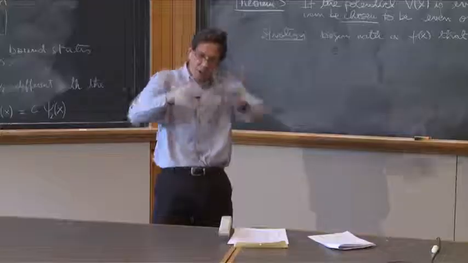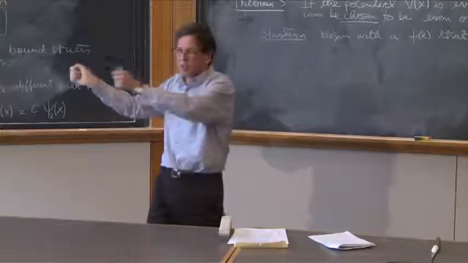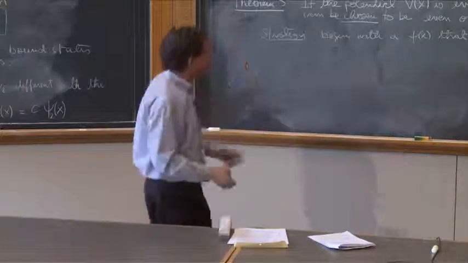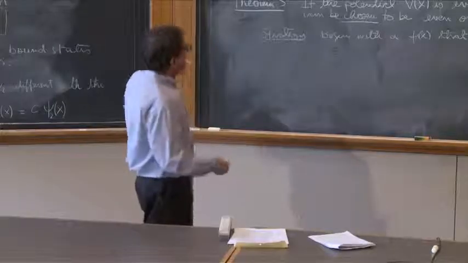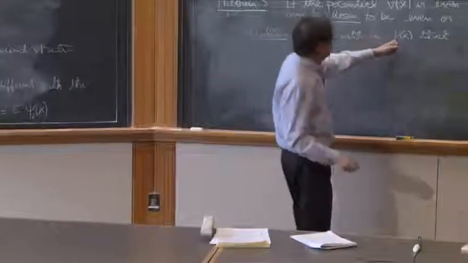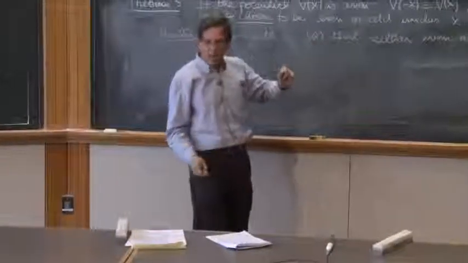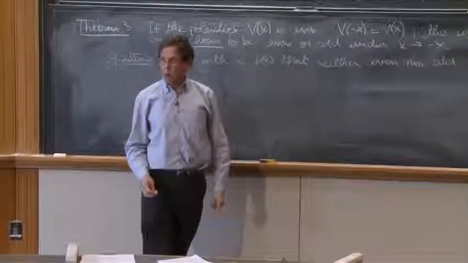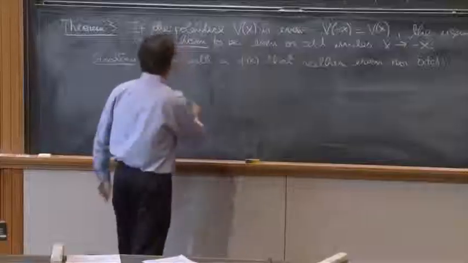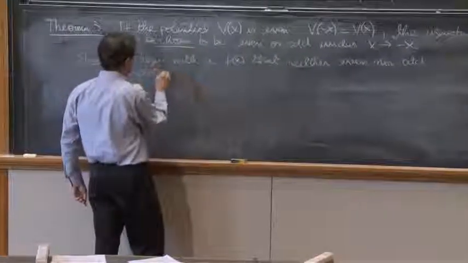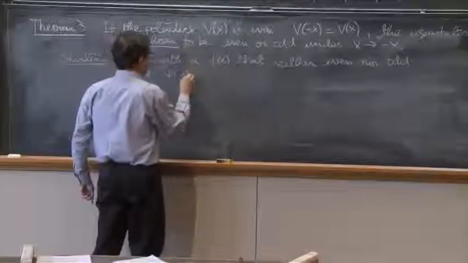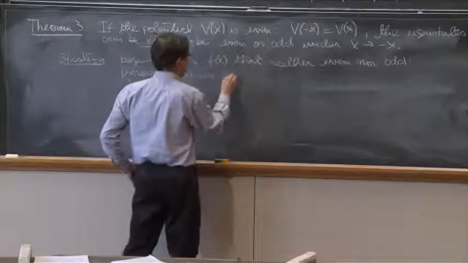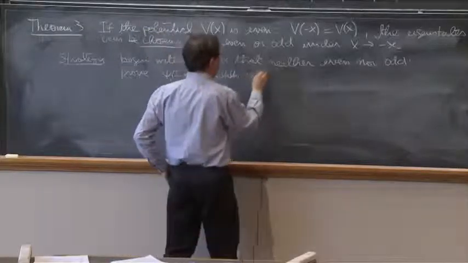Take the Schrodinger equation, change all x's to minus x's, and show that, in fact, not only psi of x is a solution, but psi of minus x is also a solution with the same energy. So prove that psi of minus x is a solution with the same energy.